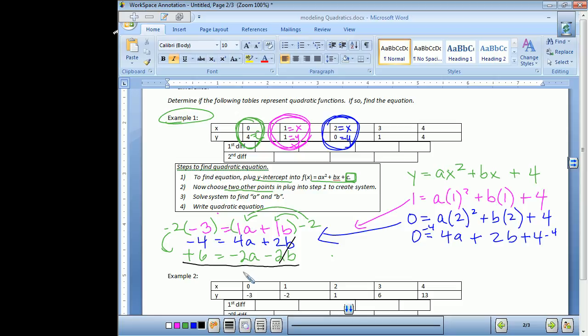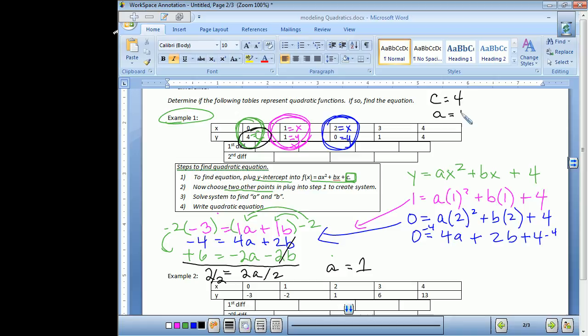And this 2a gives me 2a equals 2. Divide. So what is a? When we divide by 2, a is 1. 2 divided by 2 is 1.